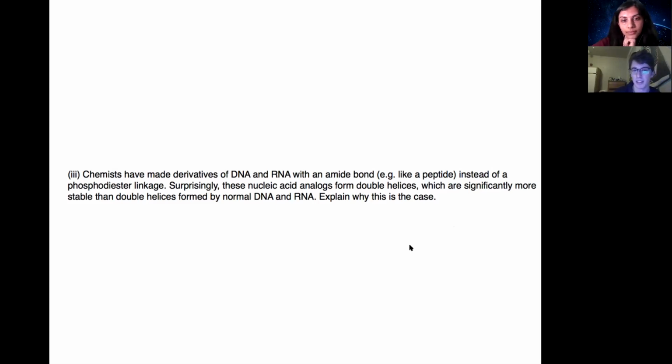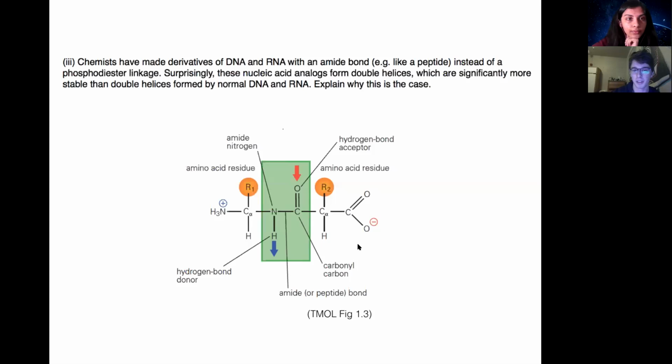So you can now compare that to this peptide bond. This is a generic amino acid, but you can see the peptide bond in the middle here. You can imagine that would be the type of linkage forming in this new DNA derivative.